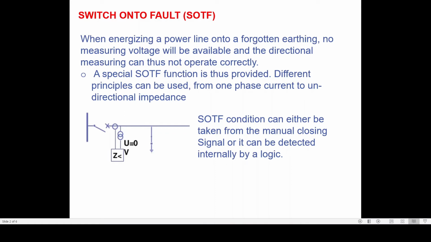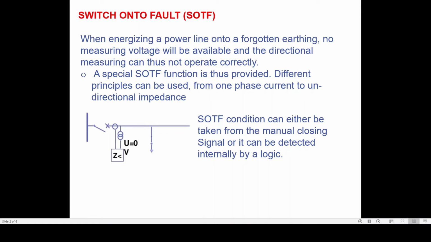So the moment you know that on the closing of the circuit breaker there is a rise in current, and that current is above the set threshold of the switch on to fault logic, you want your protection system to operate instantaneously.